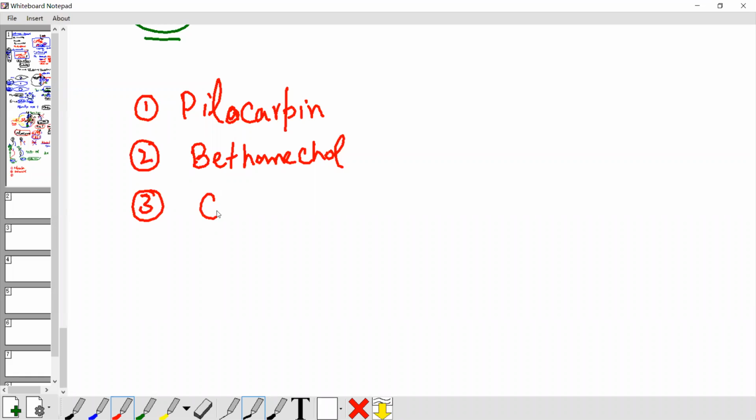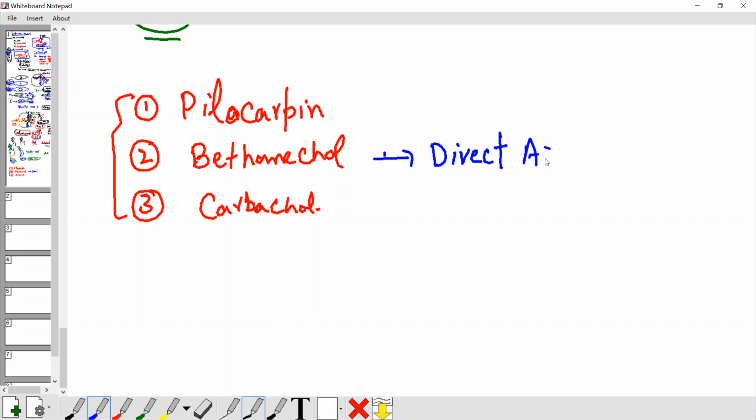Third drug, carbachol. These drugs are direct acting.